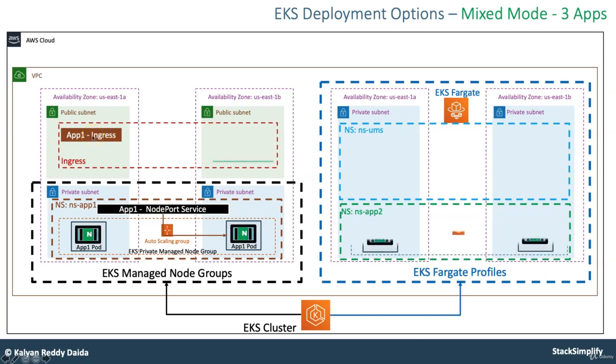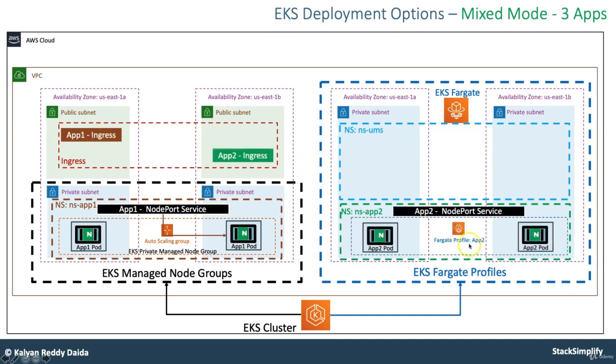In the same way, for app2, we'll have a Fargate profile with app2, and inside that we'll deploy our app2 application, and it also will have its own separate app2 ingress service. Why we are having a separate set of services, we'll see in the next slide.